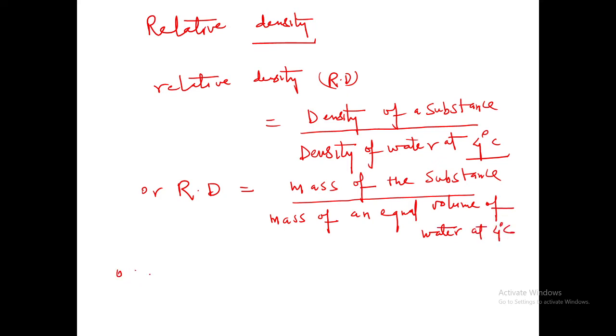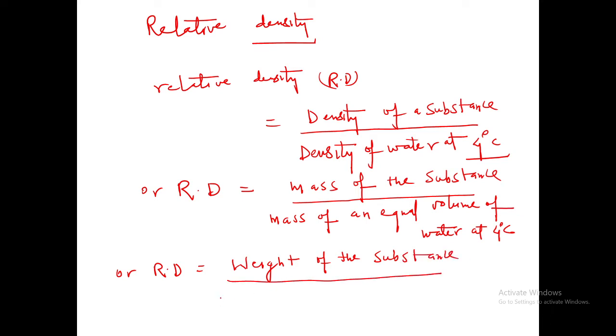Or relative density can be expressed as the weight of the substance divided by the weight of an equal volume of water at 4 degrees C. This 4 degrees C is important because of the anomalous behavior of water.